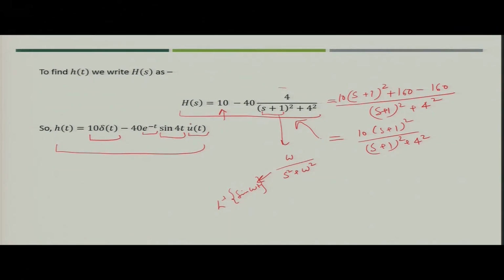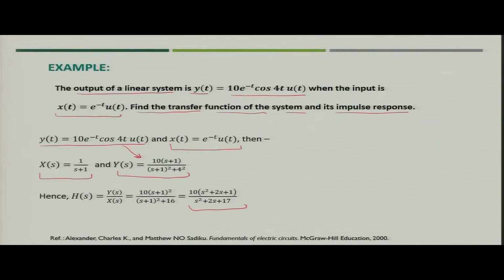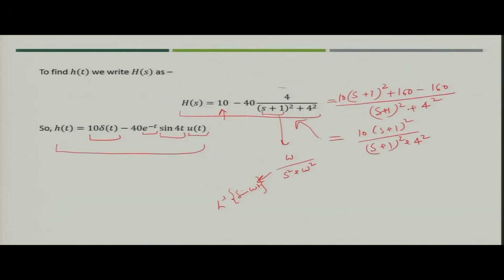So, this is the unit impulse response of the circuit. This will help you understand how to find the transfer function and then the unit impulse response of the system.